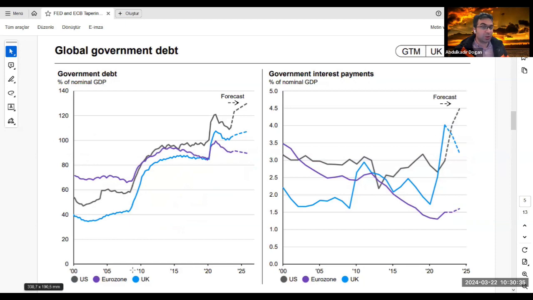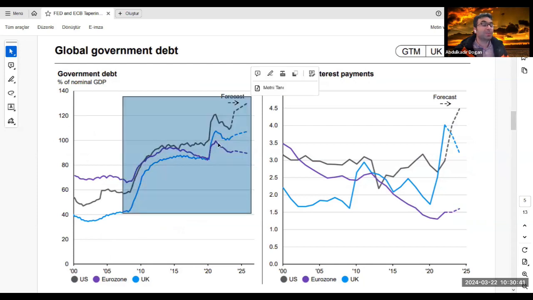And here, as you see, almost all the countries are higher than 100% today, meaning that their government debt is higher than their GDP. This is huge. For instance, in Turkey, the government debt is approximately 28% of GDP. If government debt is huge, this can make your country fragile to external shocks, right?